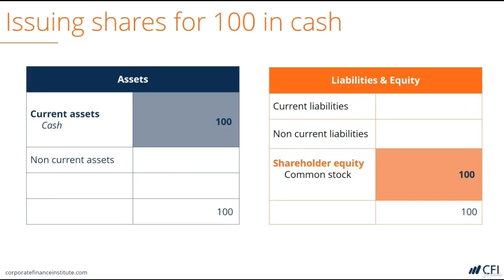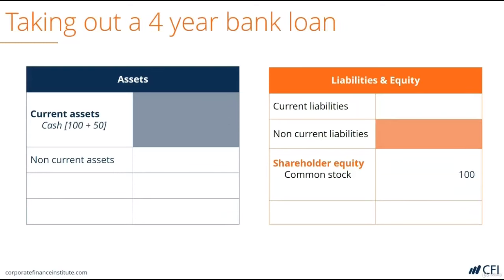Now let's consider what happens to the balance sheet when a company takes out a 4-year bank loan of 50. The company now owes 50 to the bank, so we can record this as a non-current liability because it's due in 4 years' time. If it was due within a year, it would be a current liability.